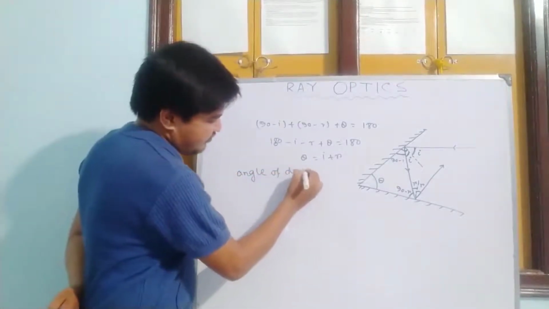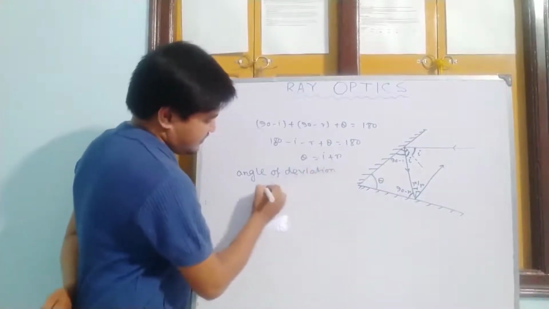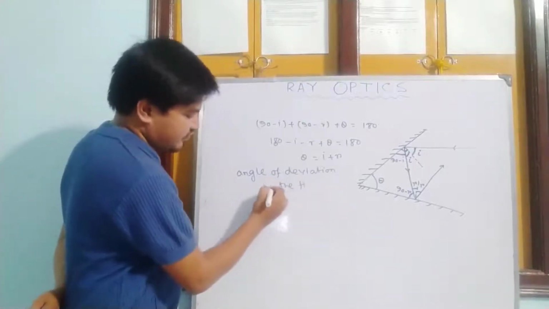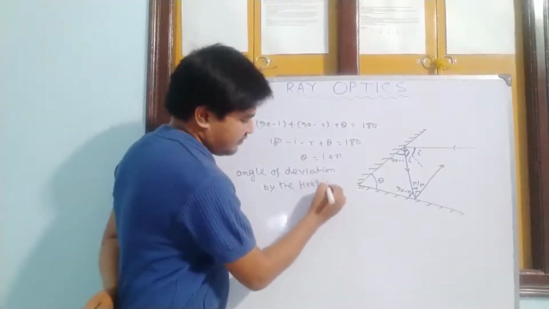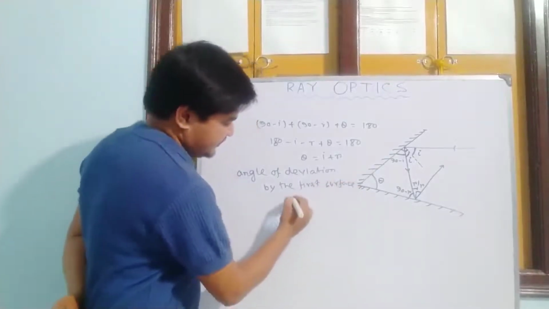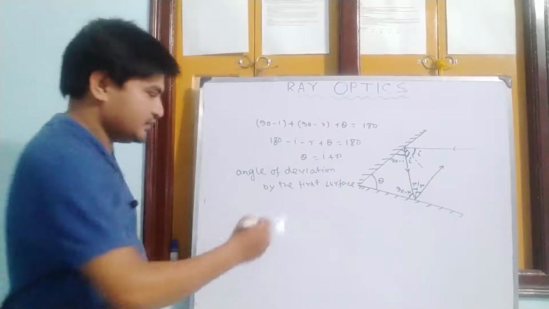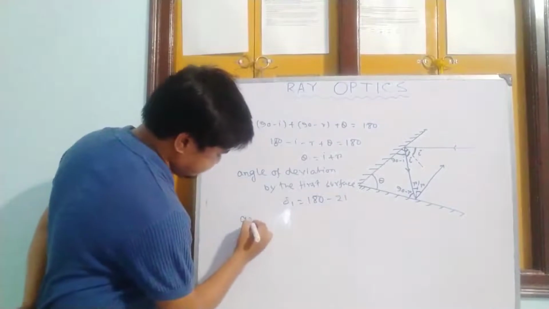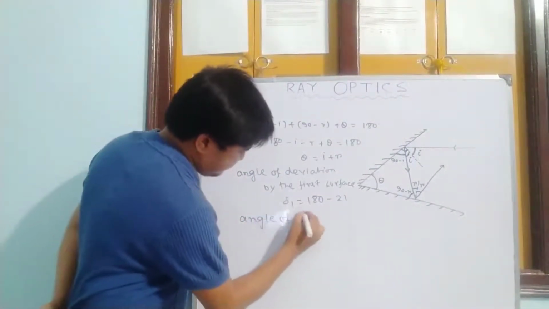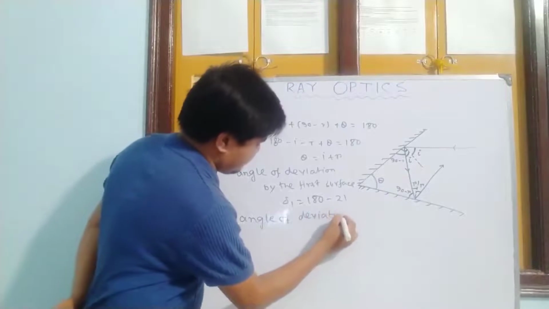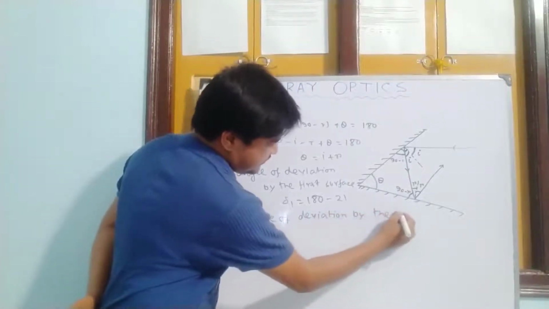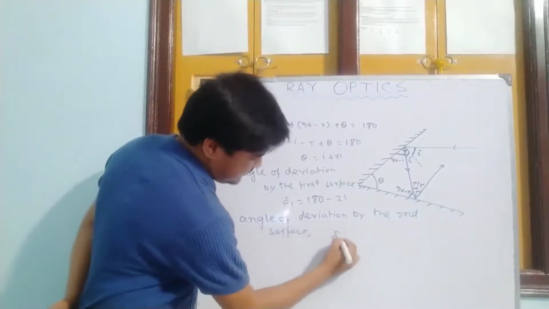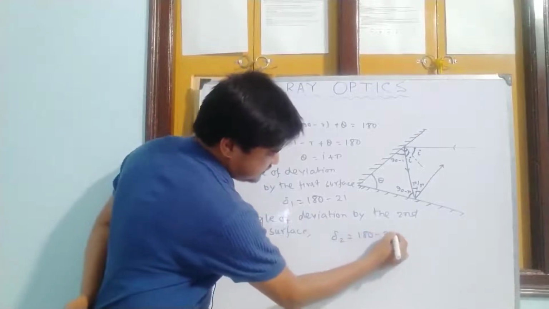Okay, so the angle of deviation by the first surface, delta 1 equals 180 minus 2I. The angle of deviation by the second surface, delta 2 equals 180 minus 2R.